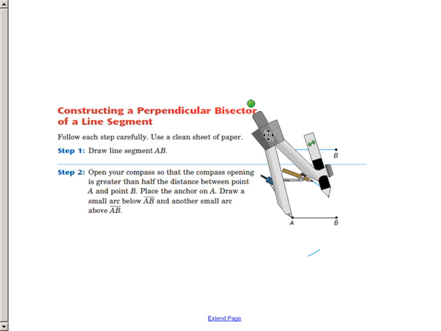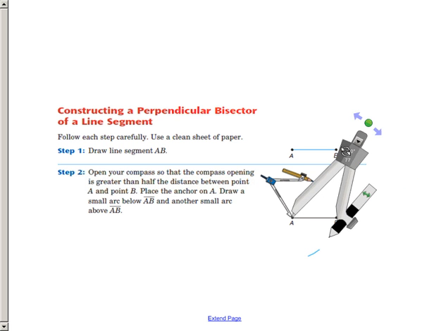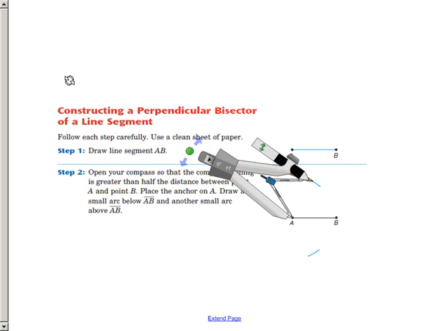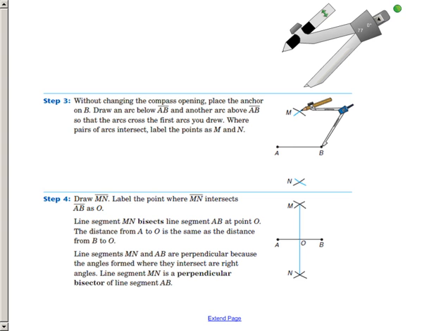So if I move here, you can see my compass is opened to more than half of the distance here. Okay. And I'm going to make an arc below the segment, and then I'm going to make an arc above the segment. I'm going to keep the opening exactly the same.